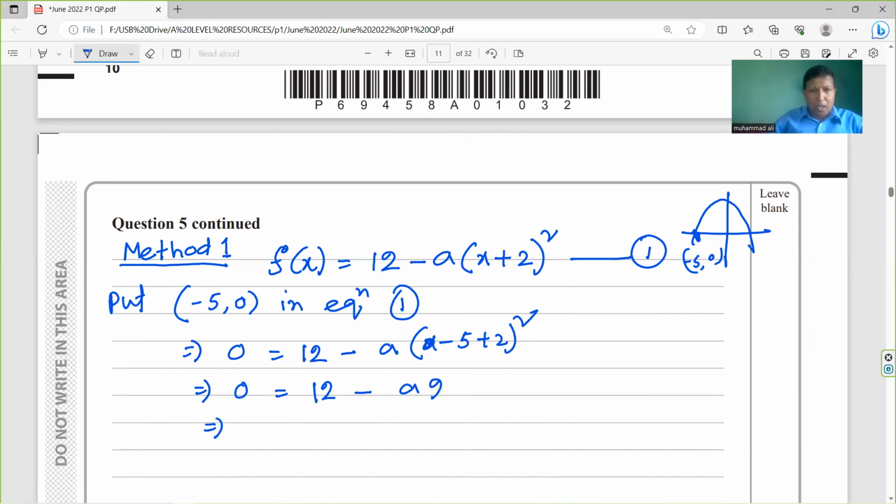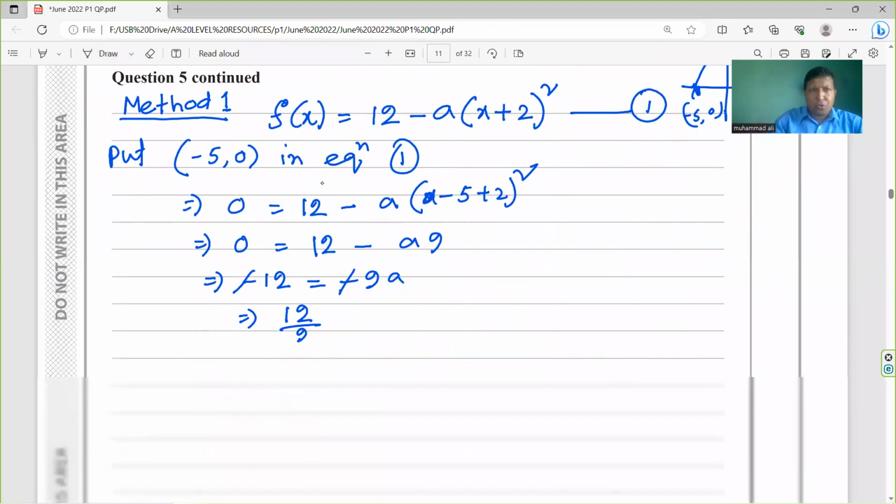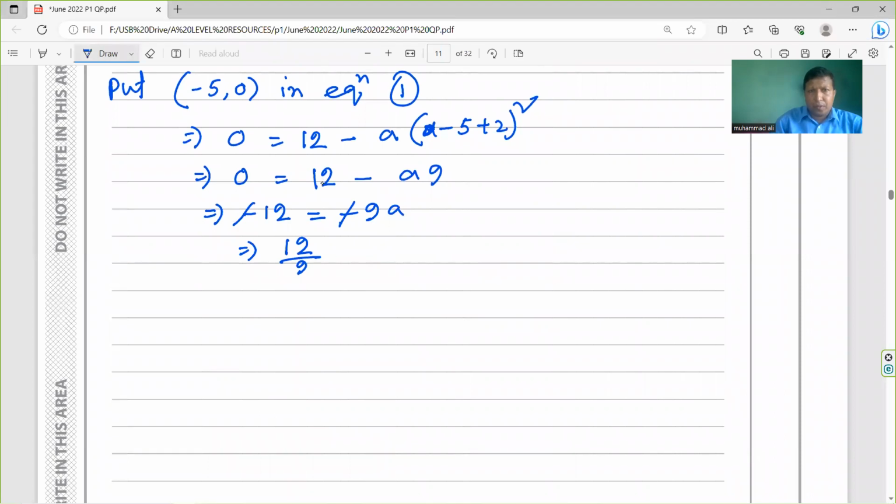So it will be minus 12 equals minus 9a, minus minus cancel. So 12 by 9 equals a.